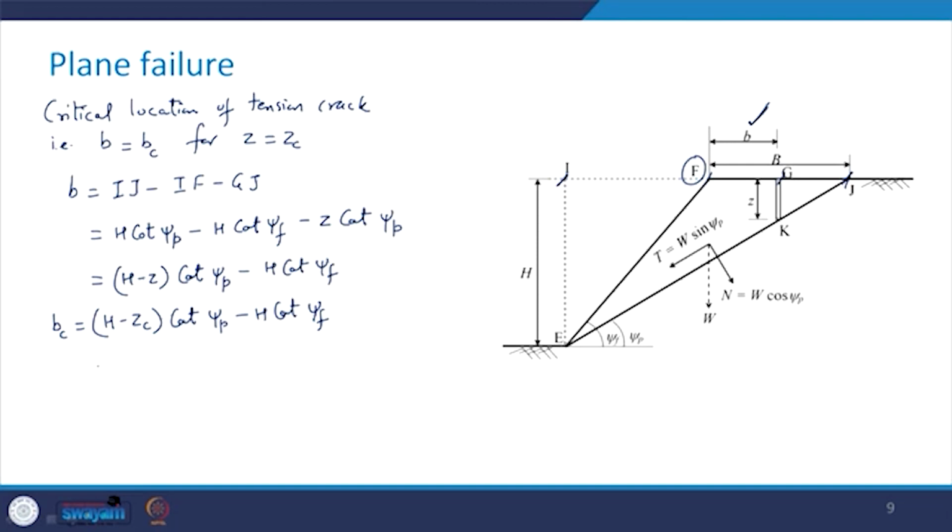Now, we know what is the expression for zc, just substitute it there.